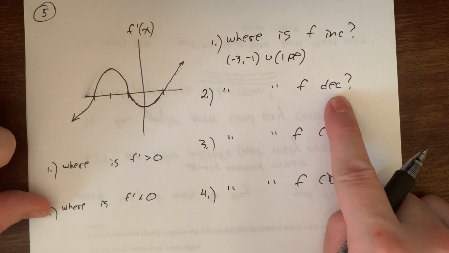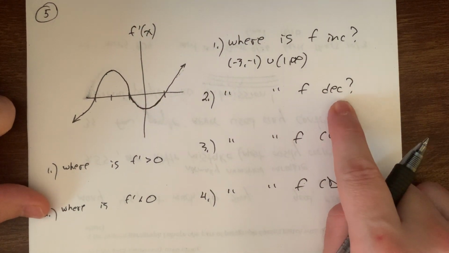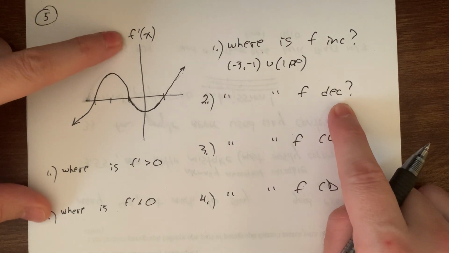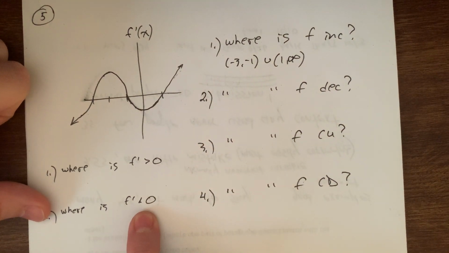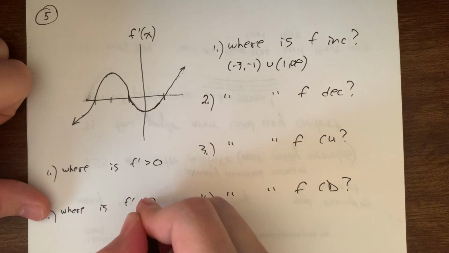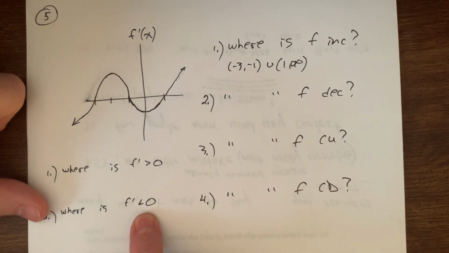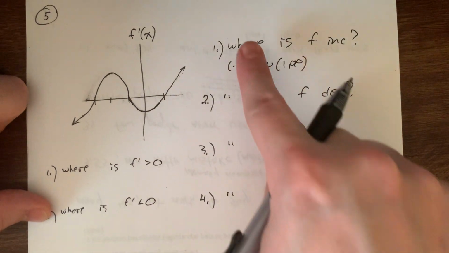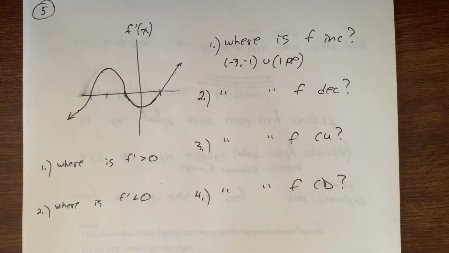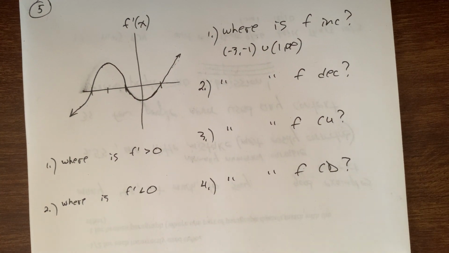Same thing with number 2. Where is the original function decreasing? Well, we have the derivative, so we'll look where's the derivative less than 0. And the derivative is less than 0, the derivative is negative, everywhere it's below the x-axis. All these questions are still wheres, everybody. So again, just answering by the x-coordinate, but these are intervals of x's that we're getting.